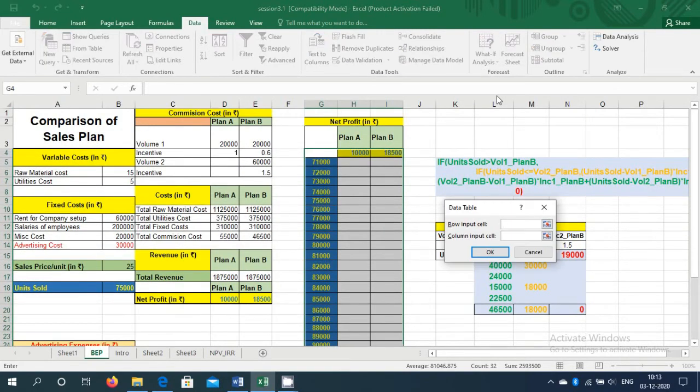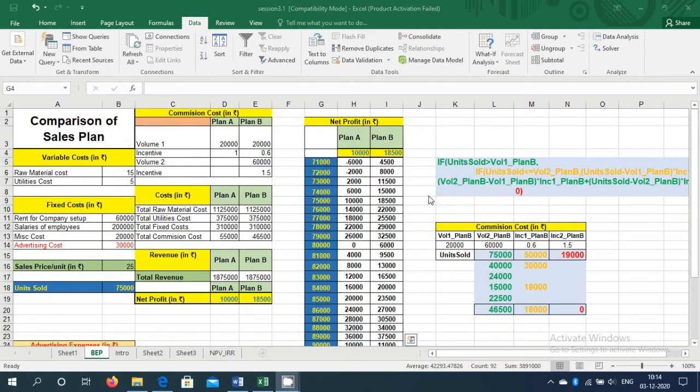After clicking the data table, I'll go to the column input. In the column input, the units sold, this one is calculated based on units sold being 75,000. I'll just click over here, go to the respective cell, and then press OK.